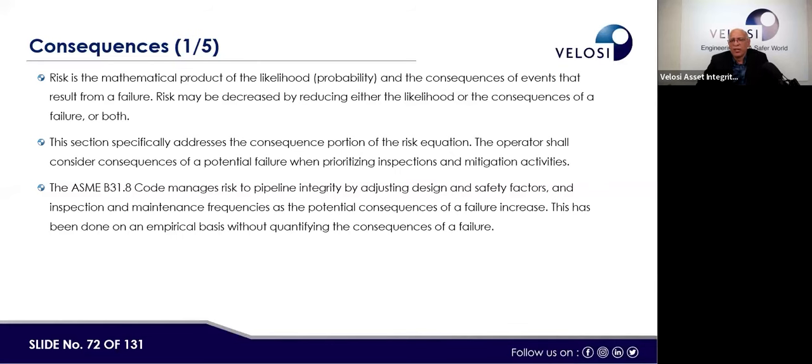So these consequences have to be established for all the threats the pipeline may be exposed to. Consequences could be different for various stakeholders, but they are quantified in terms of the effect or impact of any particular hazard or failure.